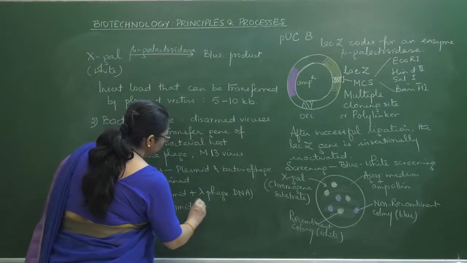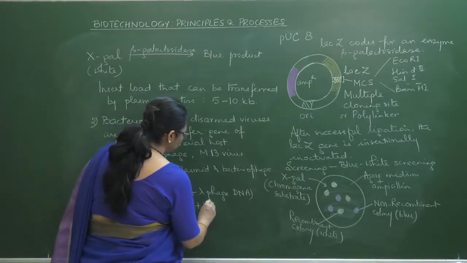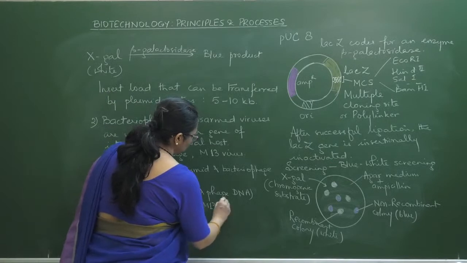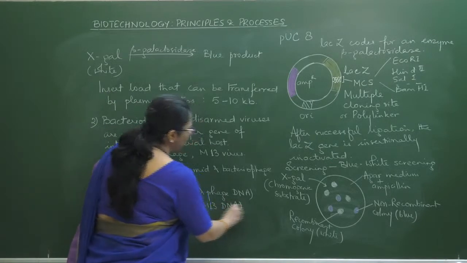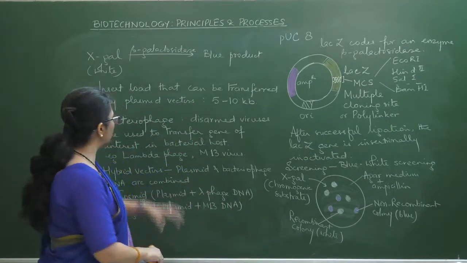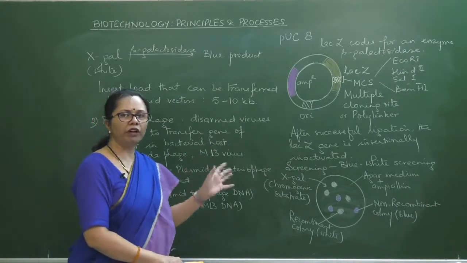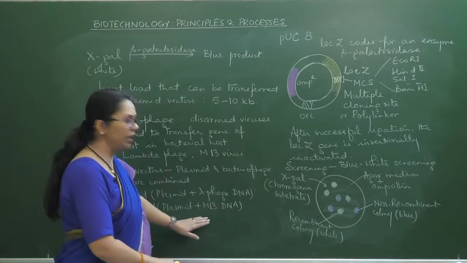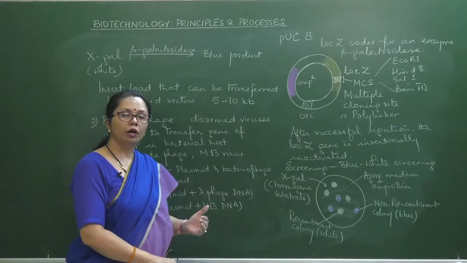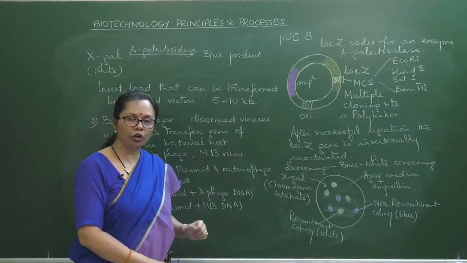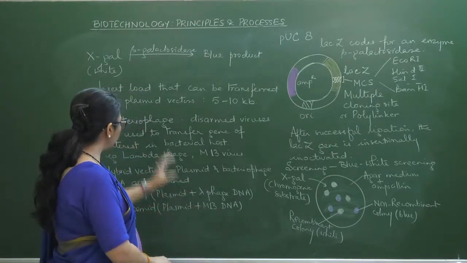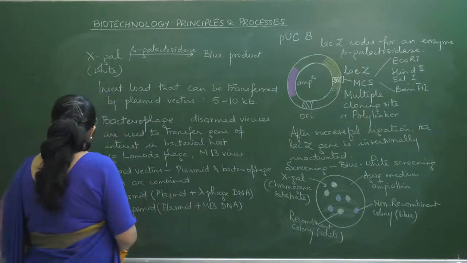It has plasmid plus M13 DNA. These have more insert load capacity, because bacteriophage can carry about 5-10 kb, but this can carry up to between 30 to 50 kb of DNA. So that way comparatively the insert load capacity is more.